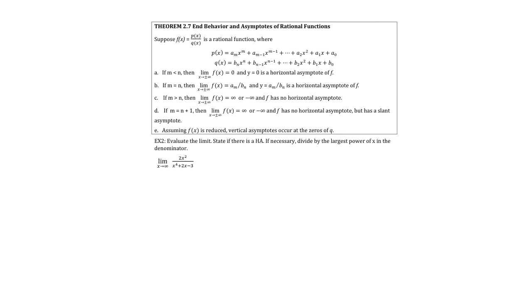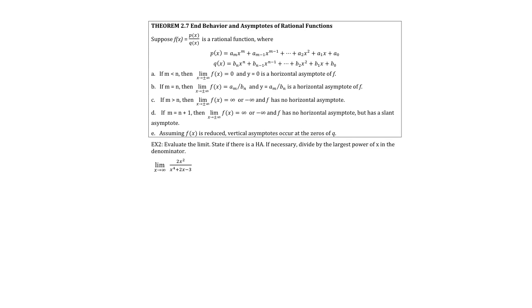The next theorem is going to be with rational functions. So recall from algebra, a rational function is just a fraction with a polynomial on the top and bottom. So what we want to do when we look at the end behaviors, how these rational functions behave at the ends, and look at other asymptotes of rational functions, is look at the degree of the polynomial on the top and on the bottom and compare them.